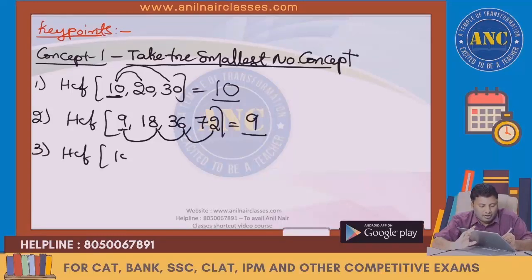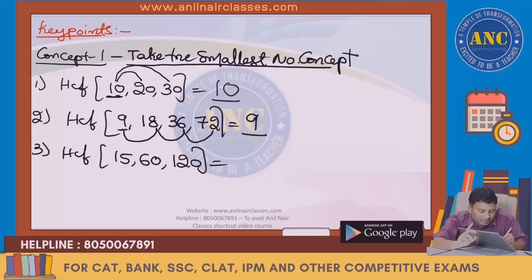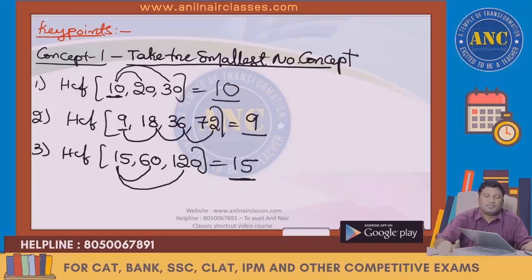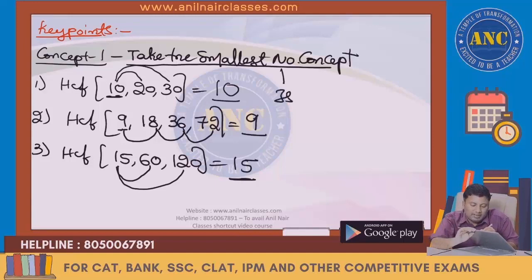HCF of 15, 60, 120. 15 will divide 60, 15 will divide 120. Primitive level. Answer is 15. The smallest number is dividing every other number.